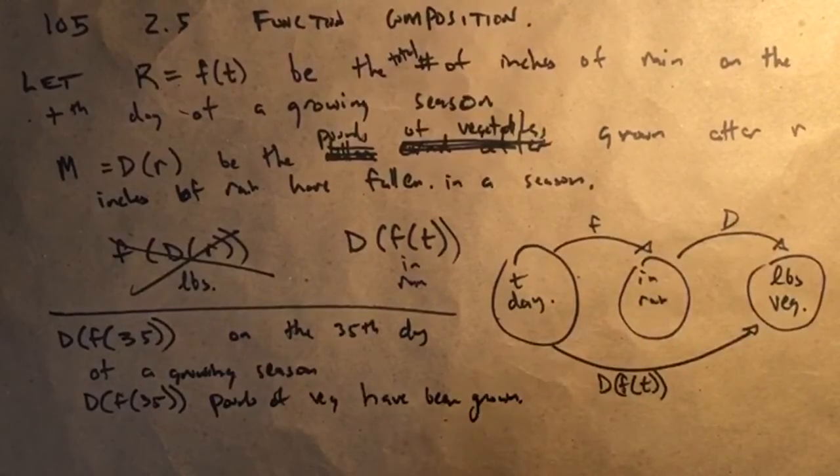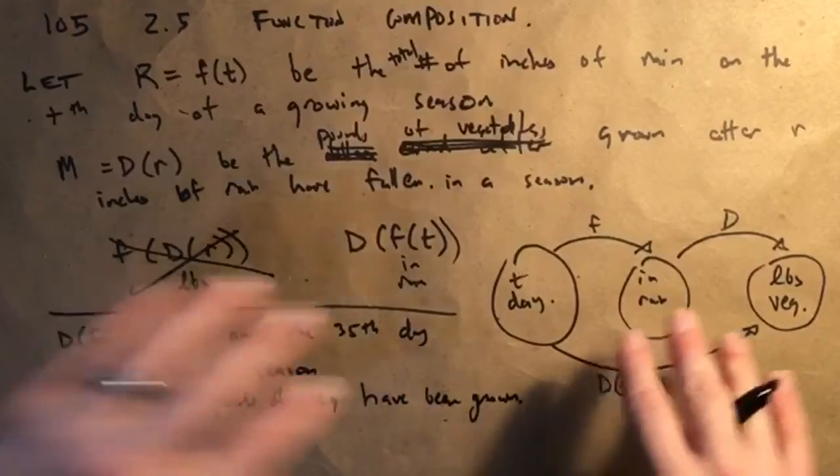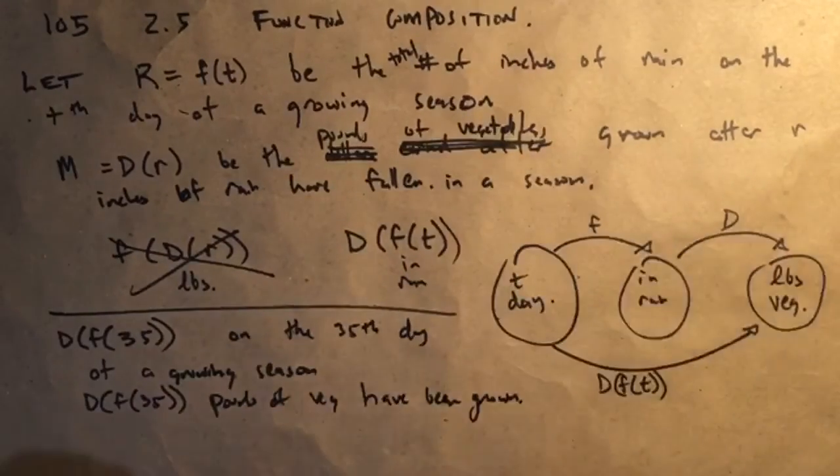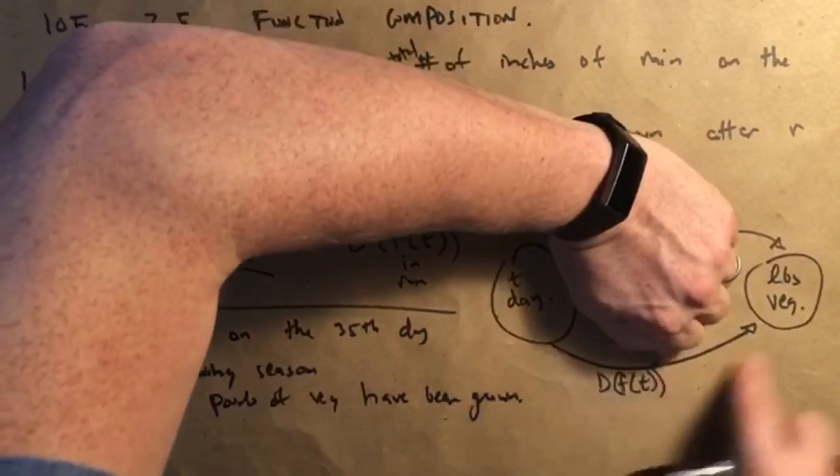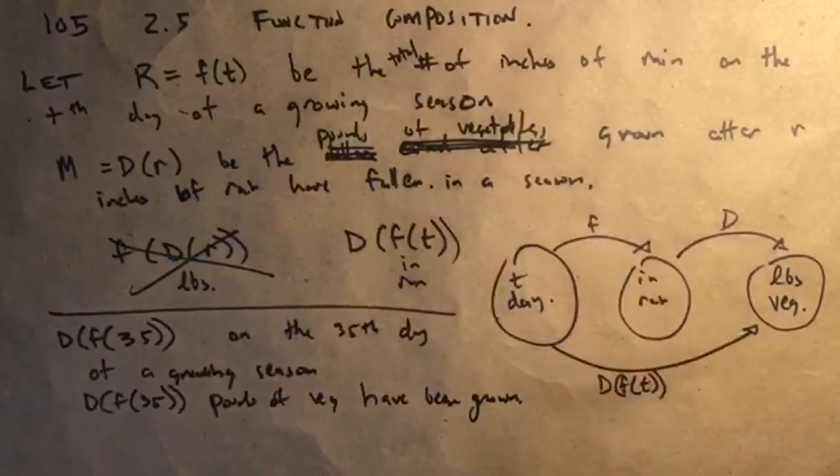I know that you're tempted to say that there's going to be some number of inches of rain and then some pounds of veg, but I've really made this new function, and so I've kind of covered up that thing behind the curtain.